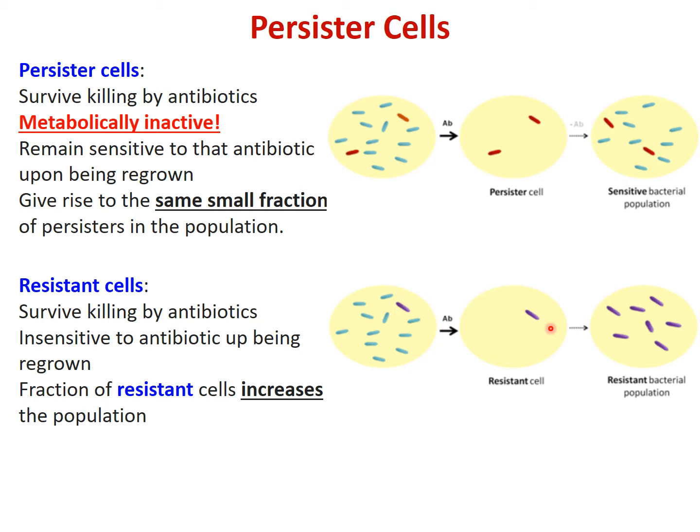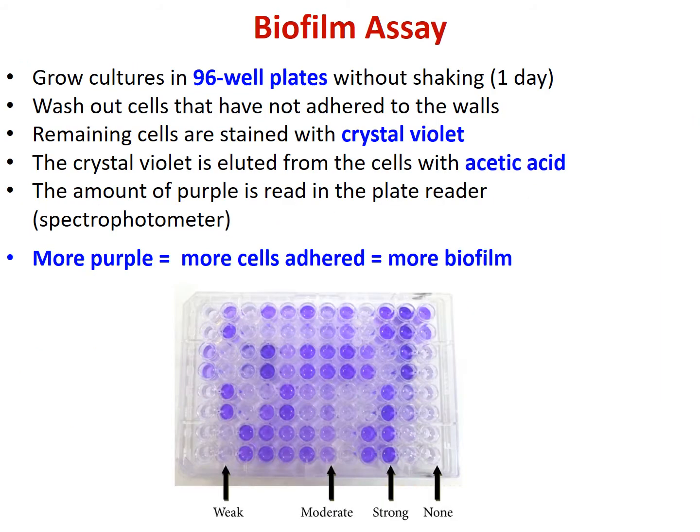When this regrows, either in the presence or absence of antibiotic, it's going to have a genetic change in it that gives the bacterium resistance to antibiotics. So this population that comes from this cell should all be resistant because they're going to have the genes to resist the antibiotic. That's different from the persister cells, in that only a few cells will be resistant to the antibiotic.